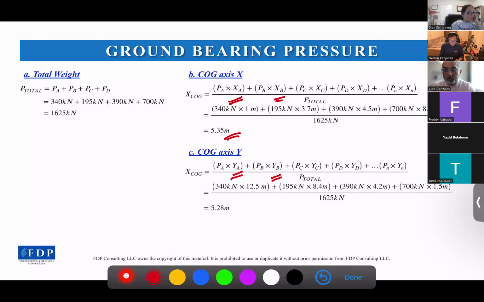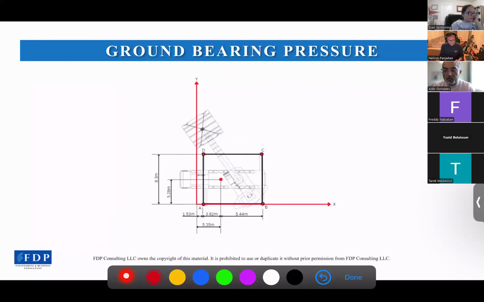So after we got the COG coordinates, now we plot the COG like here. 5.35 meters of COG X, measured from the origin point.